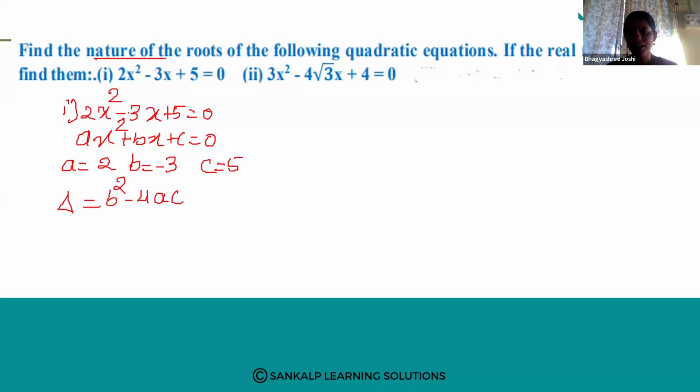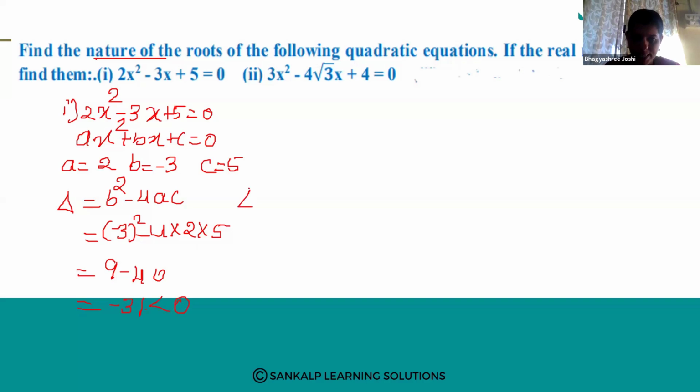In order to find out the nature of the roots, we need to use the delta value. So delta value is b square minus 4ac, right? So b value is minus 3 whole square minus 4 into 2 into 5. So minus 3 whole square is 9, minus 4 twos are 8, 8 fives are 40. So 9 minus 40 is minus 31. So minus 31 is less than 0.